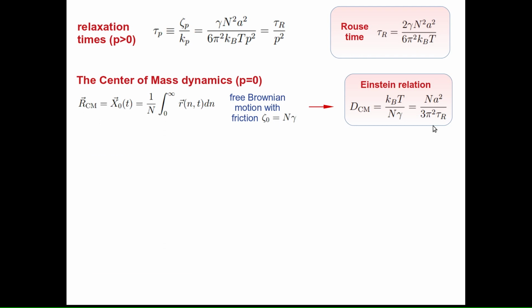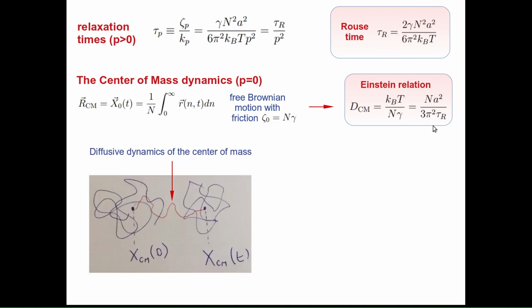So what happens here? We start with our polymer at time t equal to 0 in a certain conformation, right? We have the initial position of the center of mass. It's a vector. I just write it for simplicity as x here, but it will be a vector r, center of mass.